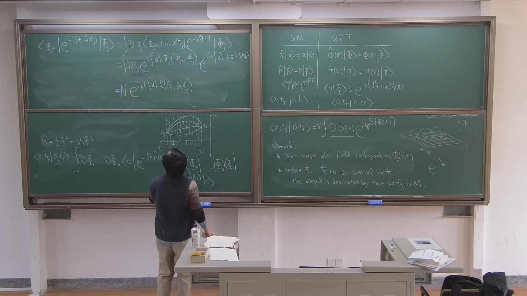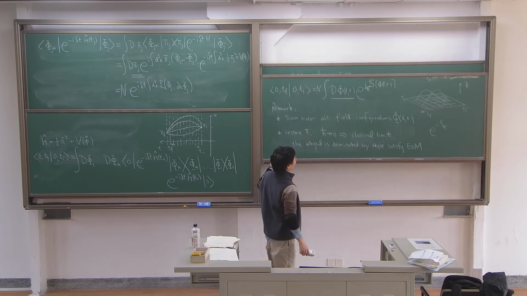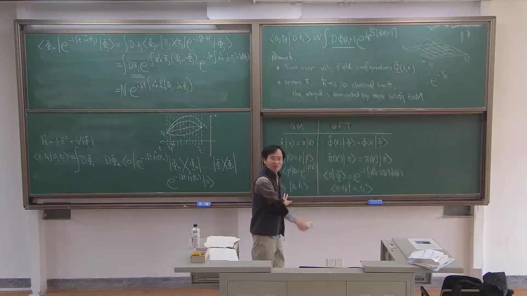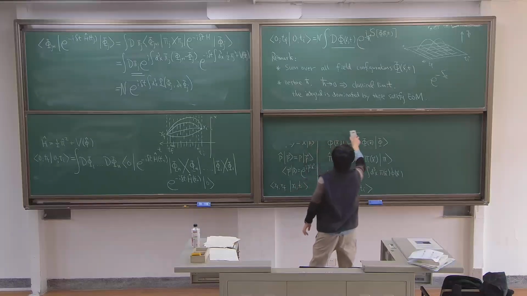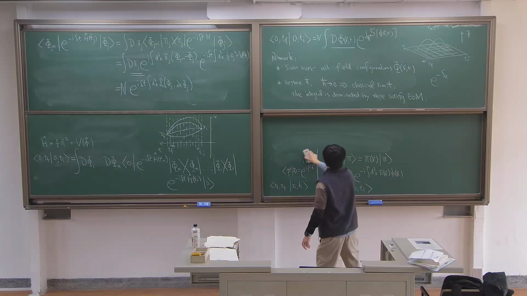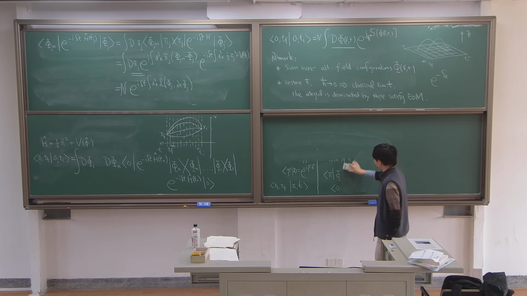Now we ask the very, very important question. So far, so good. It seems we derived in field theory the path integral formulation, which can tell me how to calculate this transition amplitude. Looks good.